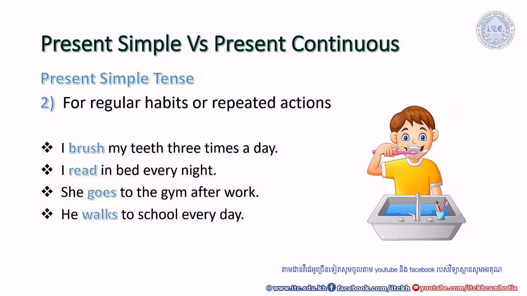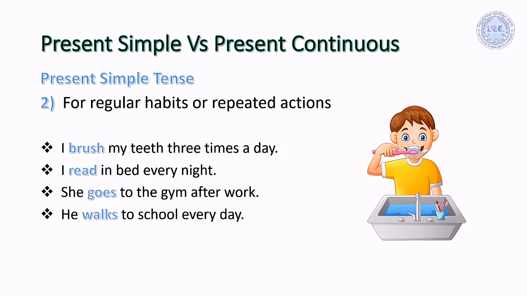I read in bed every night. She goes to the gym after work. He walks to school every day. So as you can see, all of these sentences express your regular habits or repeated action that you do every day.